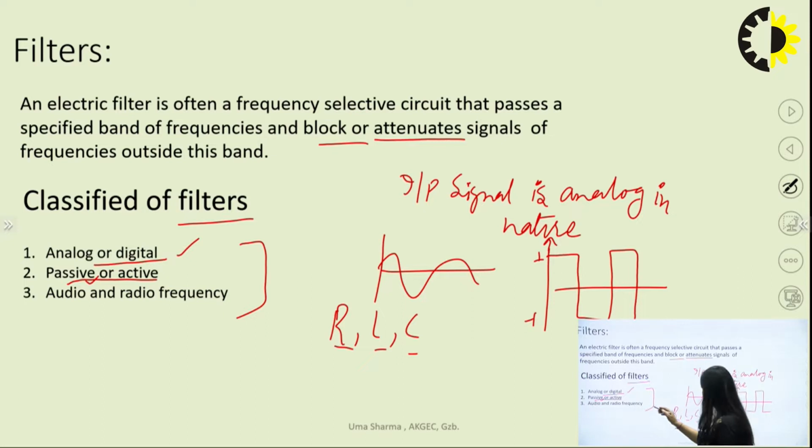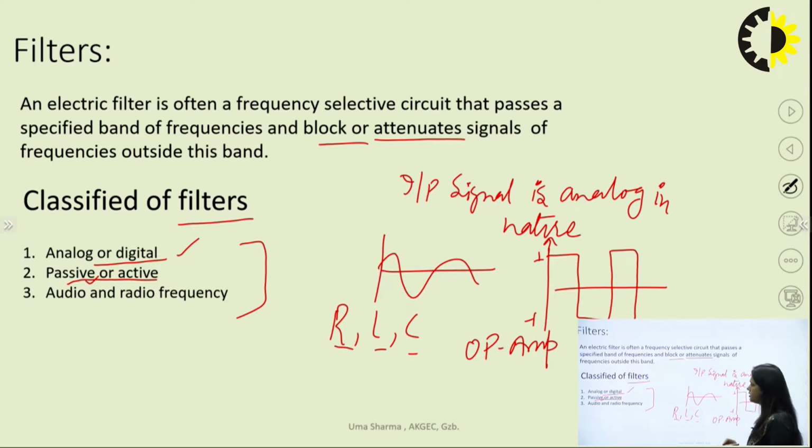Active element means we are talking about the op-amp, which is one of the active building blocks. We are also talking about transistors like FET, BJT. With the help of op-amp and transistors, we can implement the filter operation, and these types of filters are known as active filters.